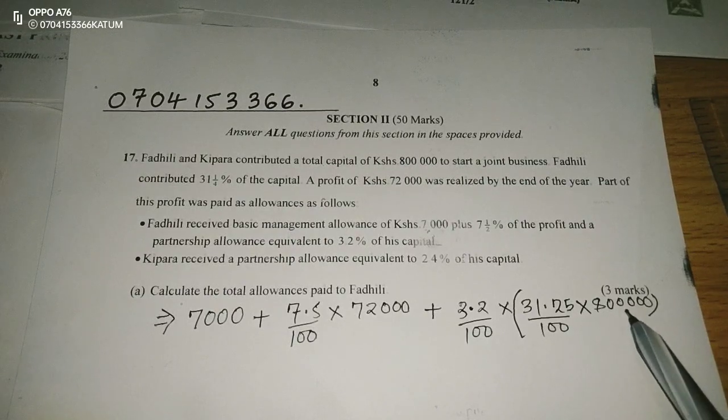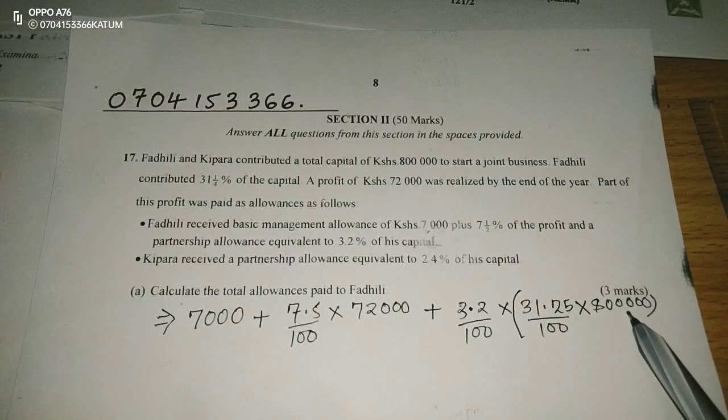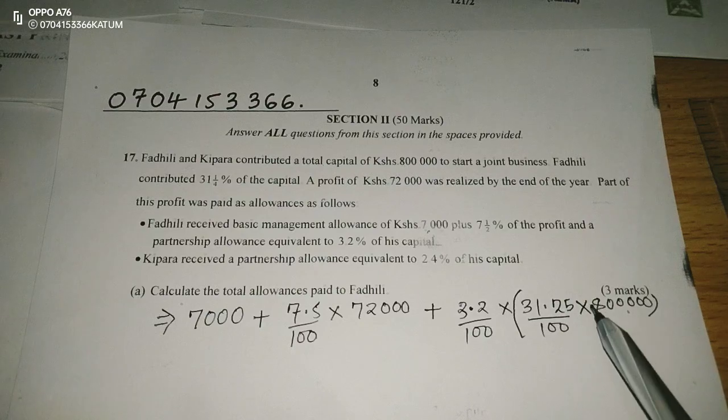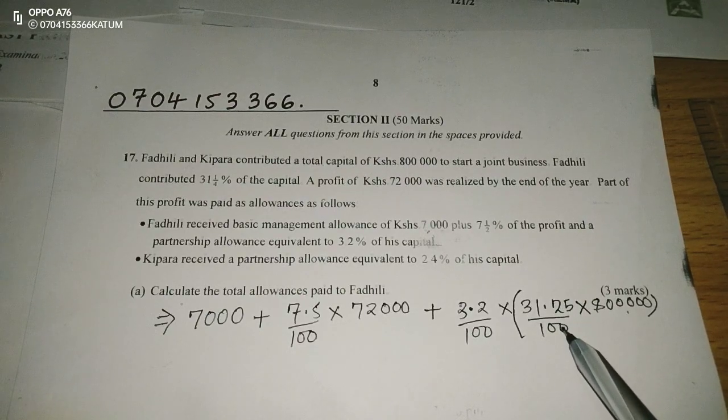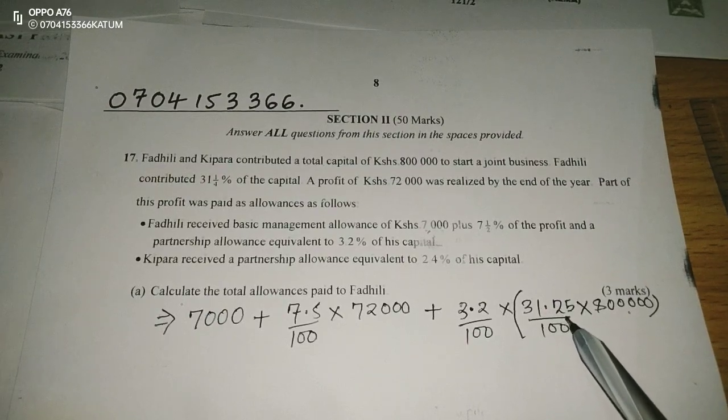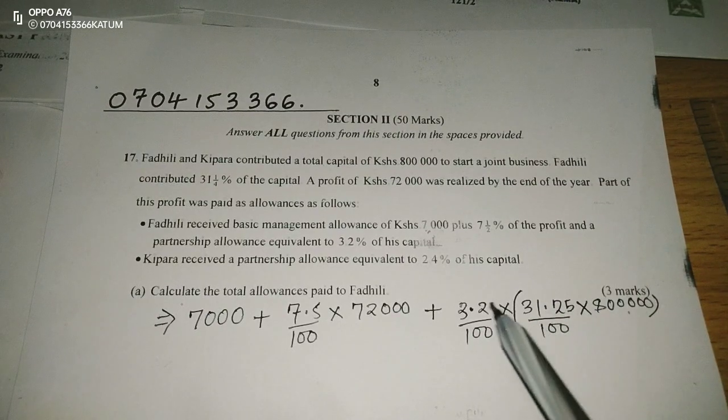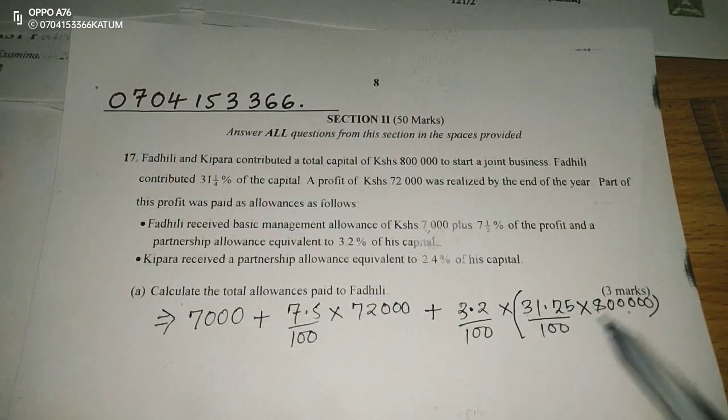So in the 800,000 initial capital to begin the joint business, Fadhili contributed 31.25% of the capital. In this contribution, now we are going to give him an allowance of 3.2% of this contribution.